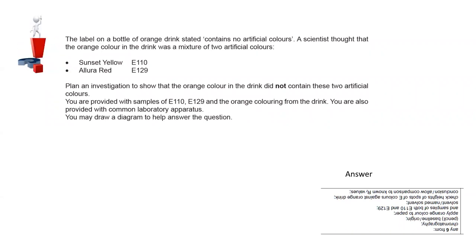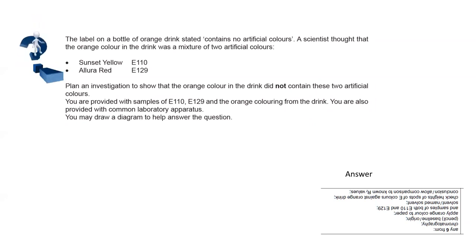A scientist thought that the orange color in the drink was a mixture of two artificial colors, sunset yellow, which has a color number. You can find these color codes. E110 is for sunset yellow, and Allura red is E129.